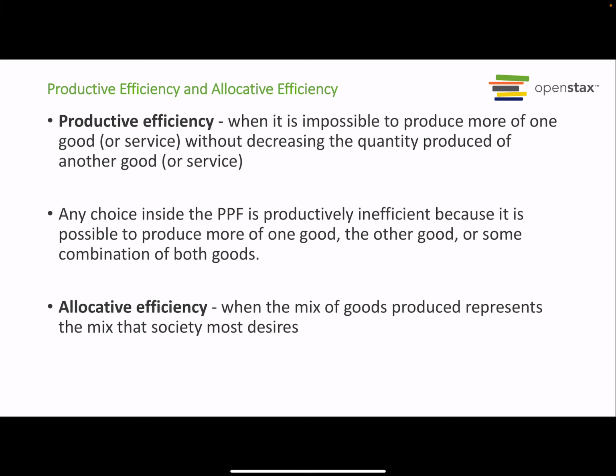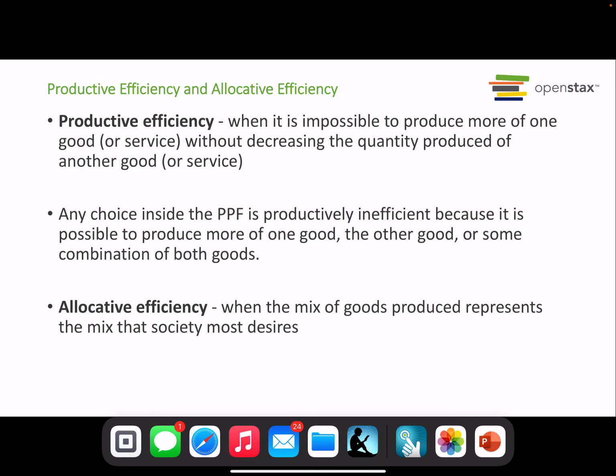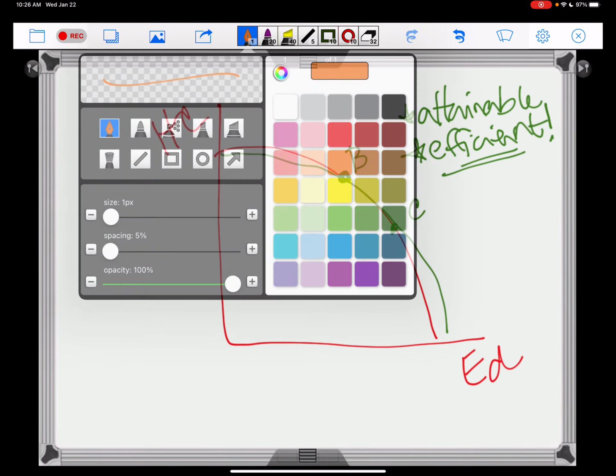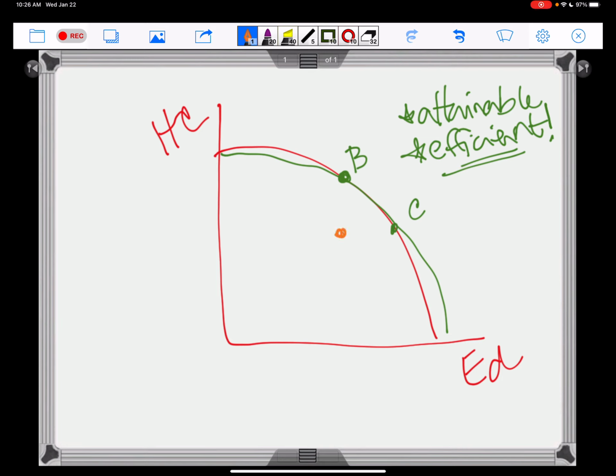And that's what I was talking about earlier, how if we're inside that frontier, we are productively inefficient because we could produce more of one good without giving up the other. And so if I was at point I, I could move up to point B. I would gain this amount of healthcare and I would keep the same level of education, we'll call this 1.